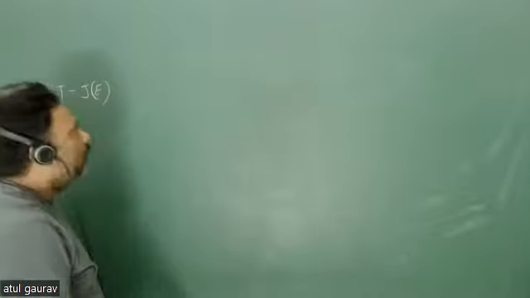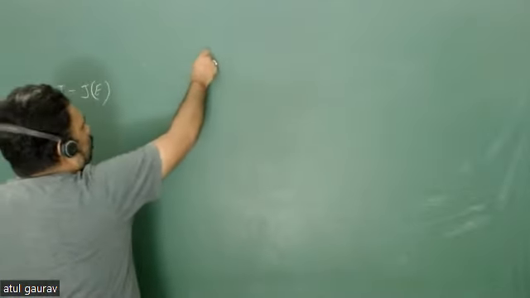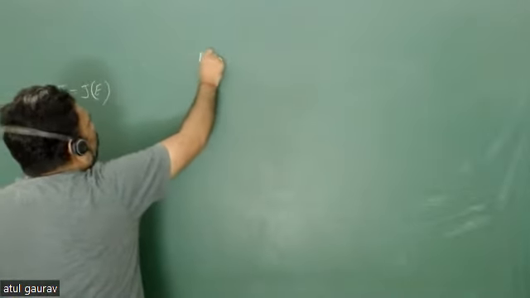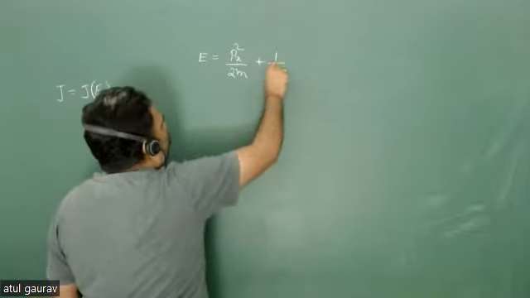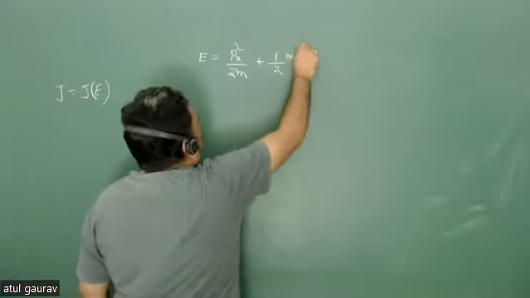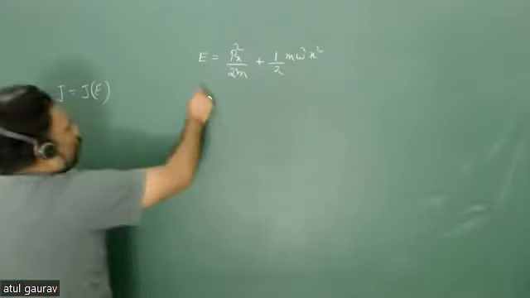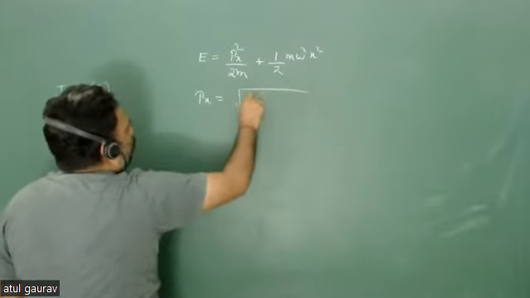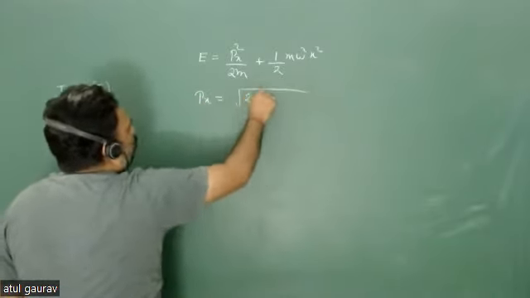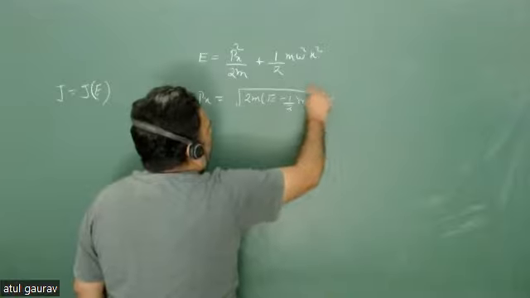Now, let's go for the harmonic oscillator. What is your energy for the harmonic oscillator? This will be px square upon 2m plus half m omega square x square. So I can write my px is equal to root under 2m times E minus half m omega square x square.